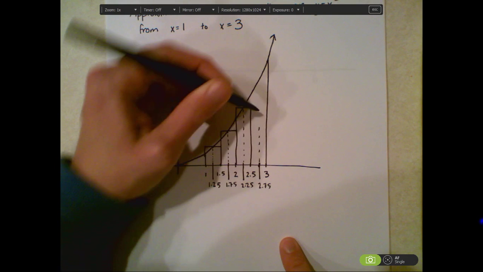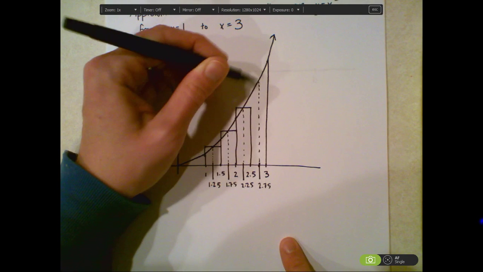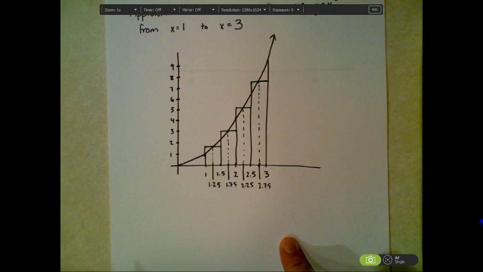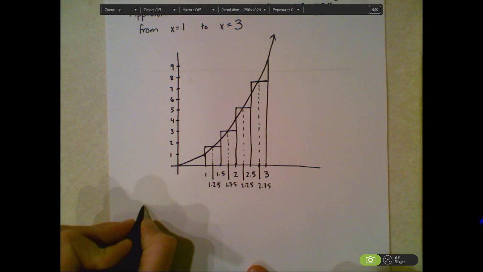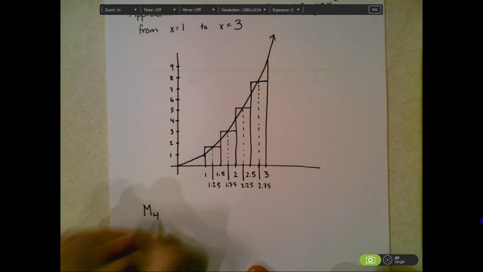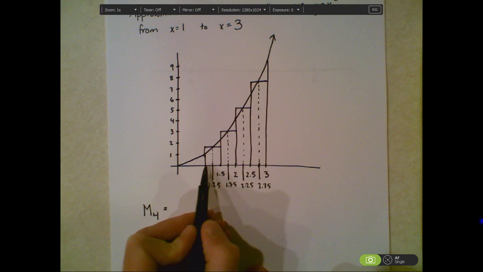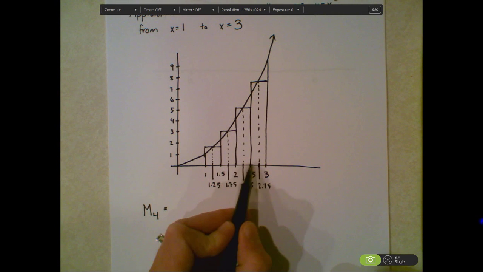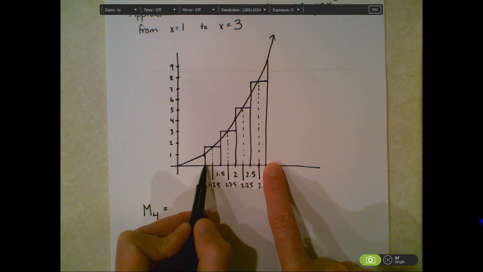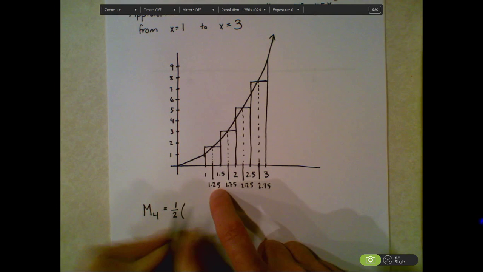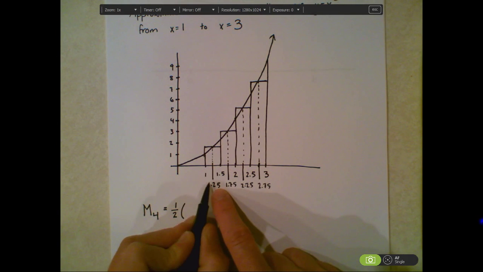And these give me rectangles that are going to be more accurate than the previous ones, but it's still an approximation, right? So let's go ahead and compute. This is called M4, M for midpoint, 4 rectangles. And the computation is the same. Just like the previous rectangles, I'm breaking this interval up into 4 equal pieces, so each piece has a base of 1/2. And the height in each case is the midpoint plugged into my function.